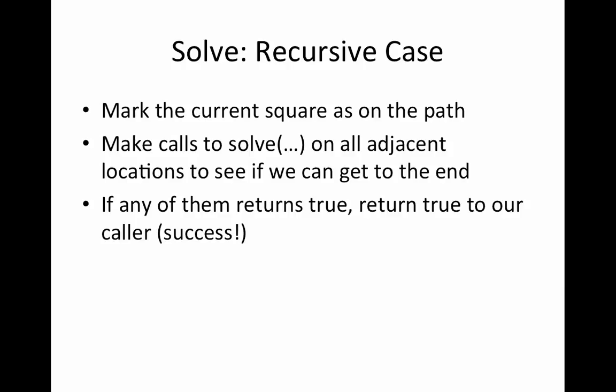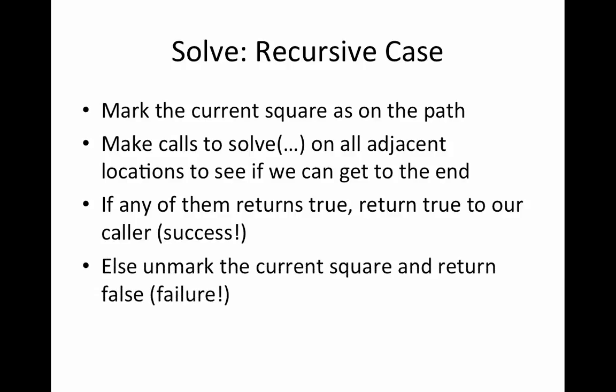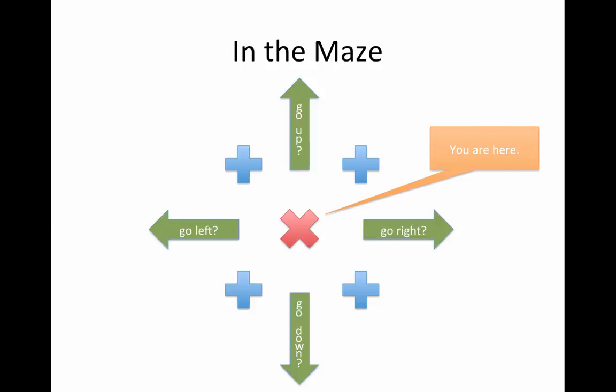particular row, column location. Otherwise, if our recursive solve calls return false, then this particular location does not lead to the end of the maze, so we're going to unmark the current square, we no longer want to go that way, and we will also return false. This is a picture showing what we described.